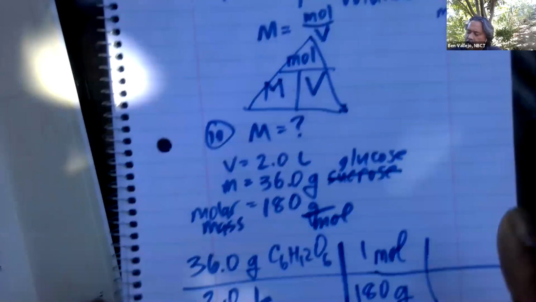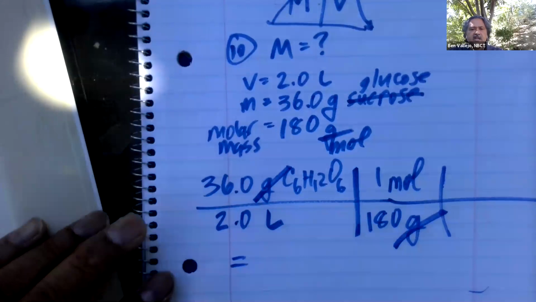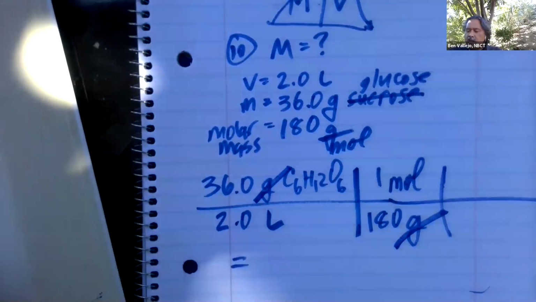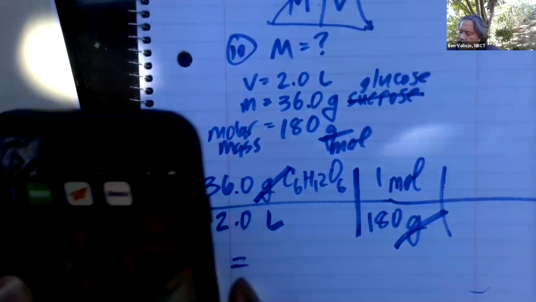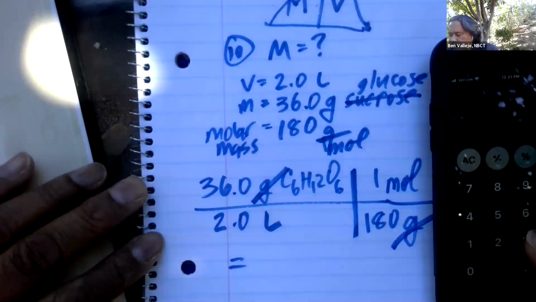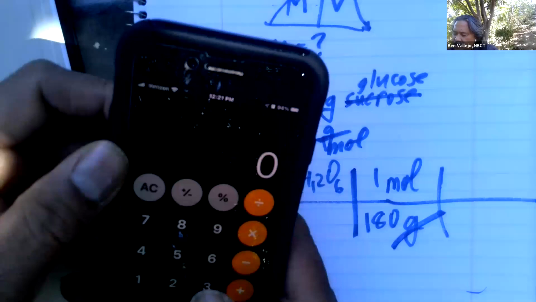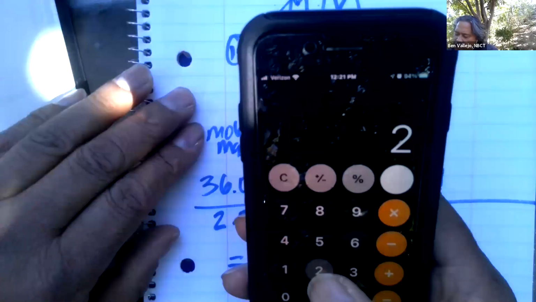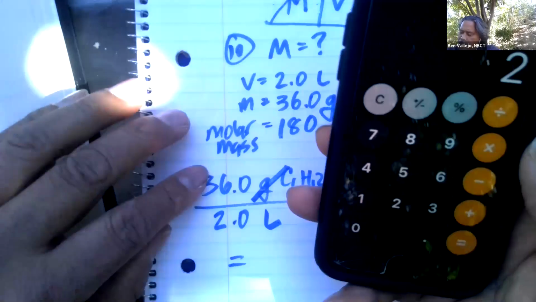So we get the calculator out. I got 36 divided by 2, divided by 180 equals, and your answer is 0.1.